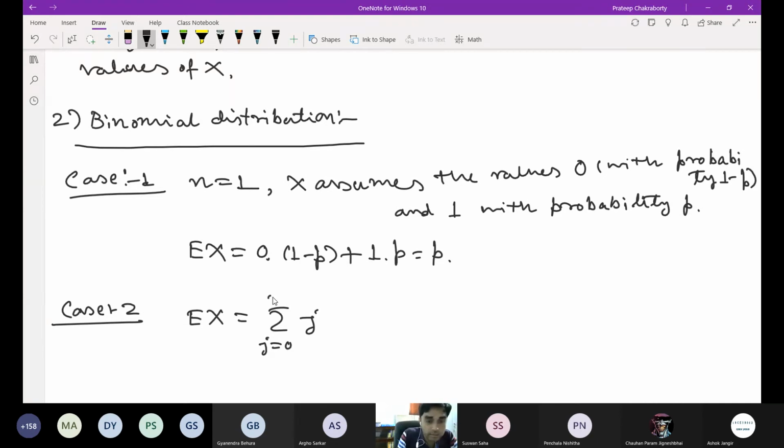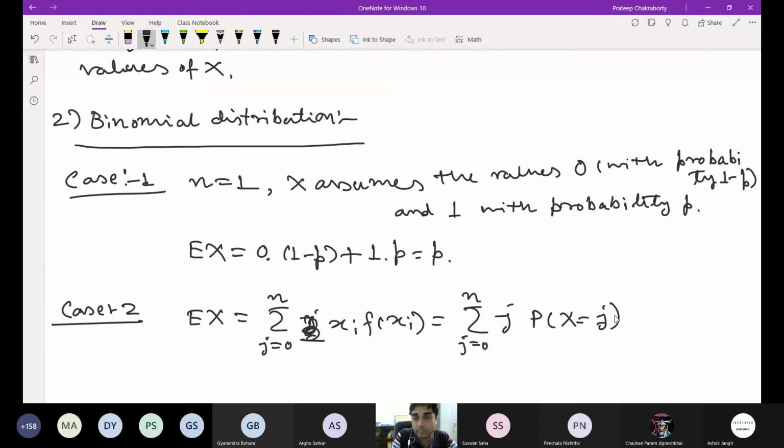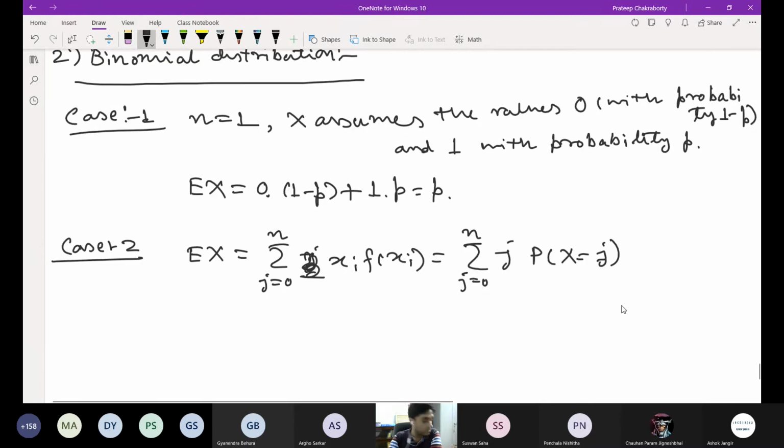So j goes from 0 to n, and this is just x_i f(x_i). In our case, x_i is just j, and P(X = j) we did before.